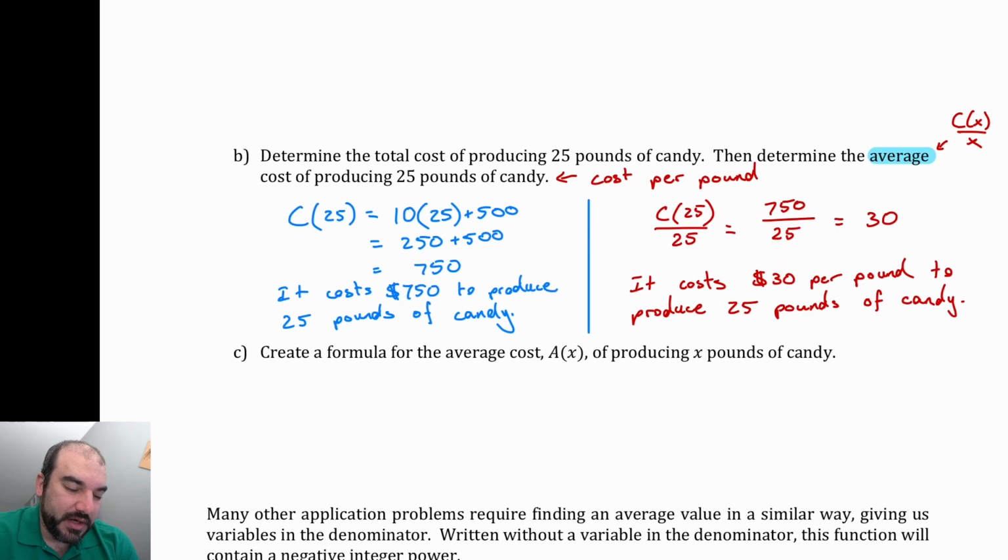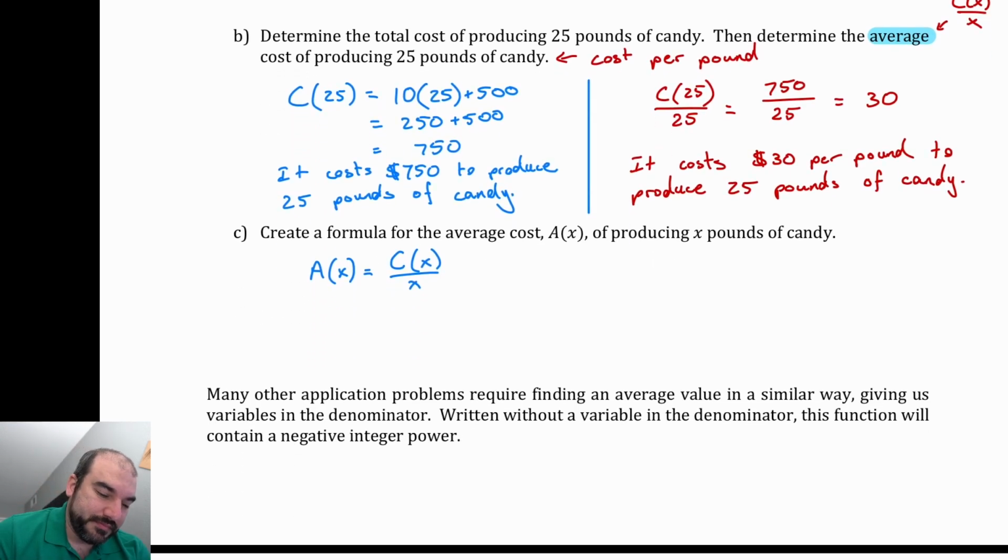Which means if we're doing an average cost calculation on part C, it says to create a formula for the average cost of producing X pounds of candy. We can generalize what we did in part B and say that A of X is going to be C of X divided by X. So no matter how many pounds of candy we produce, we would plug that into C, and then we would divide by that X to get an average amount, or the average cost.